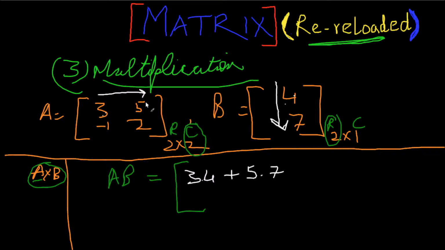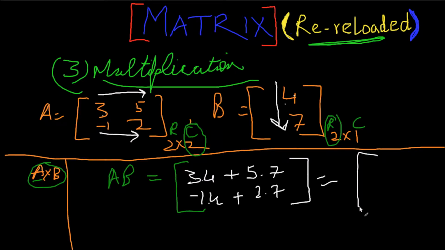Next, you go on to the next row, left to right, not right to left, and up to down, 4 to 7. Now what you'll have is minus 1 times 4 plus 2 times 7. Guys, I'm not going to work this out because I know this is really easy. This comes out to be 47, 10. I've done this before.